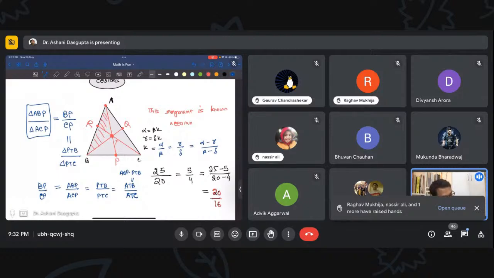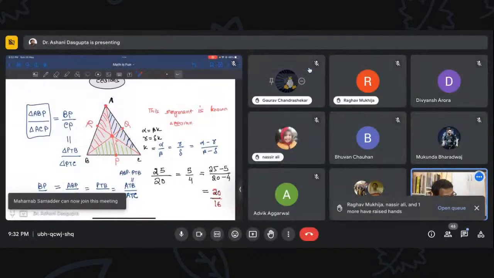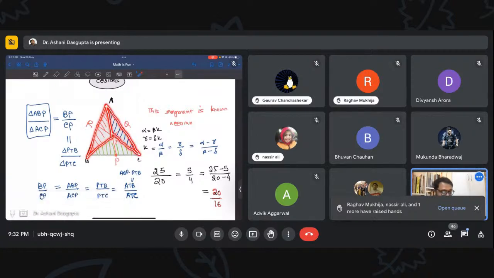This red one, this blue one, and this green one will be the other magical triangle actually. So it's very important to keep this configuration in mind, that this particular triangle ABT by ACT, that ratio is equal to BP over PC.